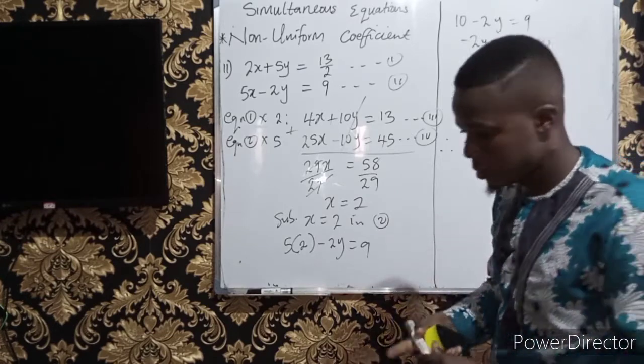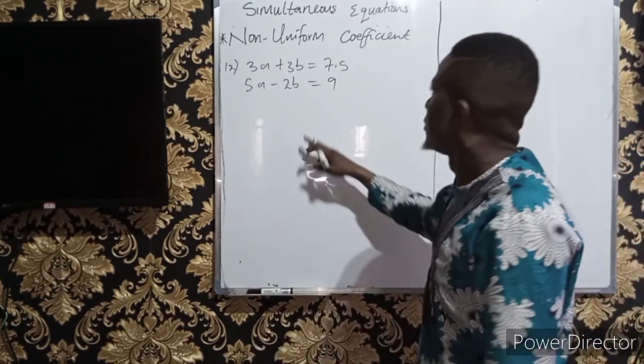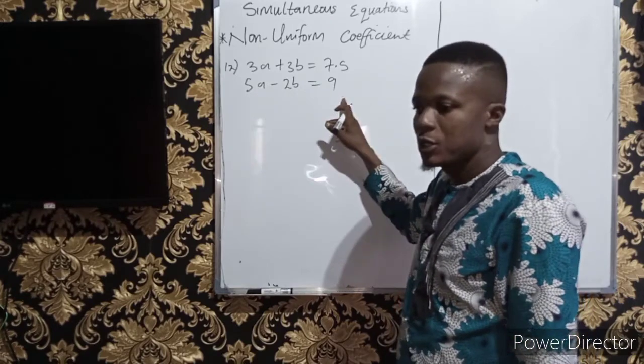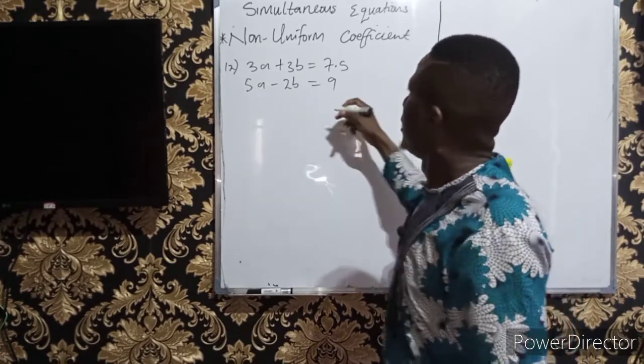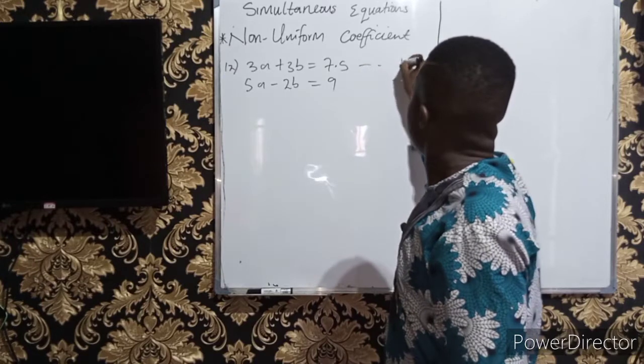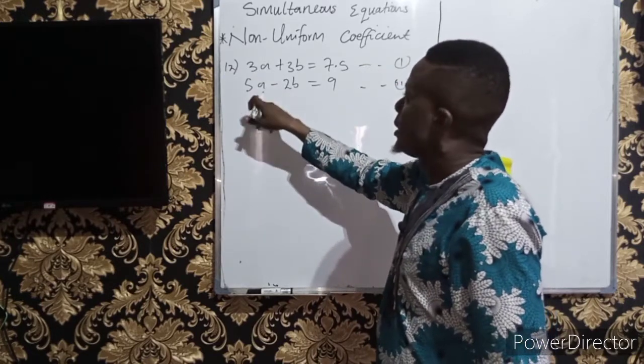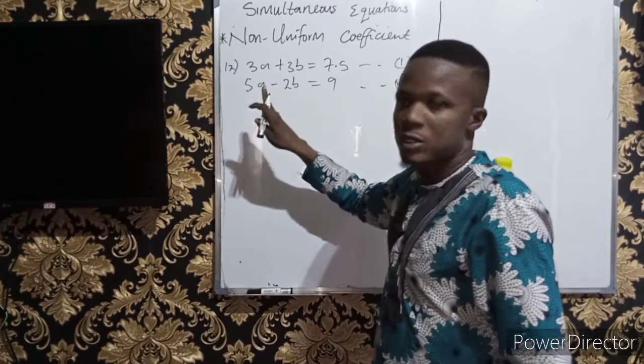Let's take the next question. In question 12, 3a plus 3b is 7.5 and 5a minus 2b is equal to 9. So I have to say let this be 1 and this be 2. If I want to eliminate a, I will swap the coefficient and use it to multiply.